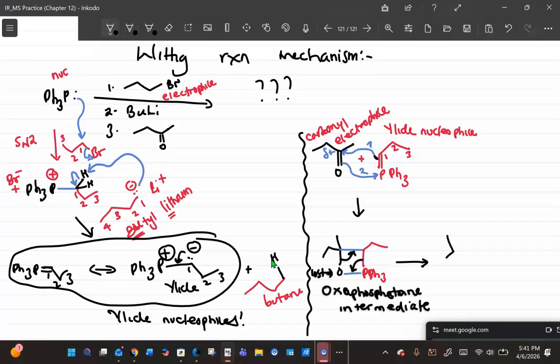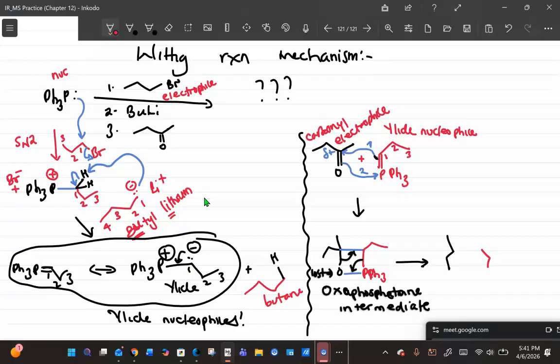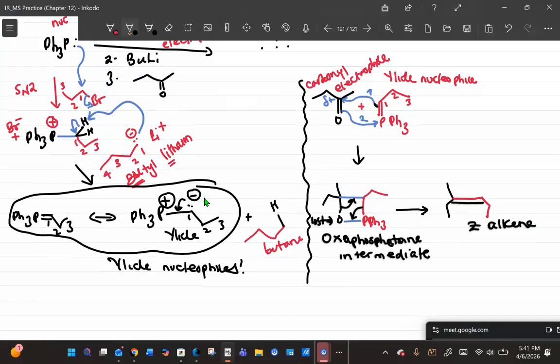Now, what I want you to make sure is that you're getting your Z. That's what I'm most worried about. Yeah, that forces you to put the ethyl groups on the same side because it should give you a Z alkene, which is what I told you. The mechanism is the same. It's just the last step that you have to be keen on how you're going to draw your alkene, if it's Z or E, if it's stabilized or unstabilized ylide.